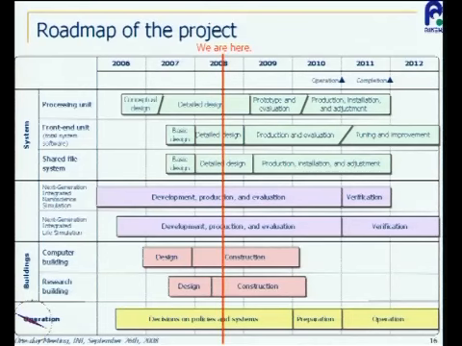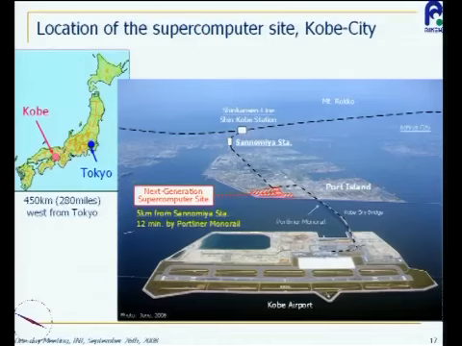At that time, I can say a little bit more about the system in detail. And also, we are now making a building in which the next generation supercomputer will be housed.